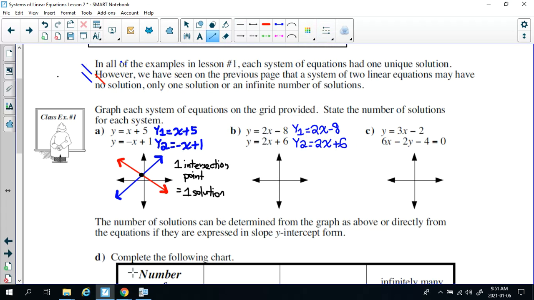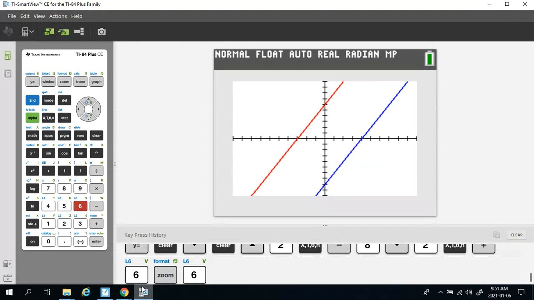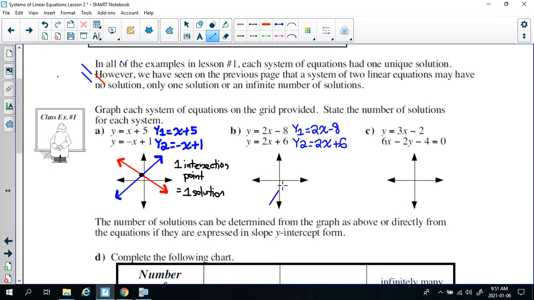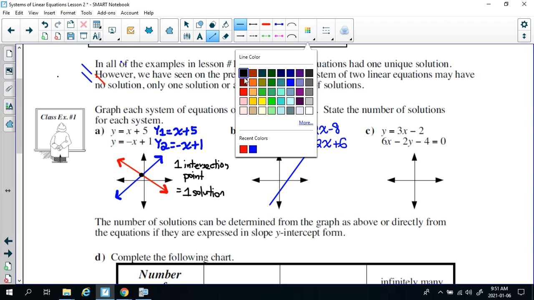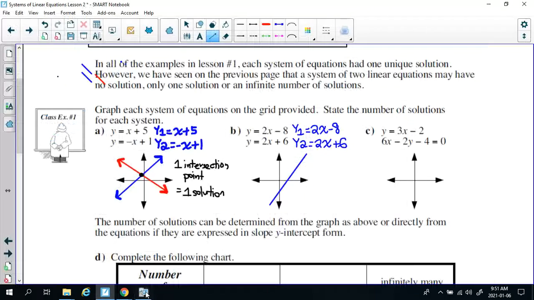Okay, what does that blue line look like again? Okay, so it starts right there. So it just looks something like this. Okay, and then let's sketch my red line. And my red one, okay, go back here, looks something like that.